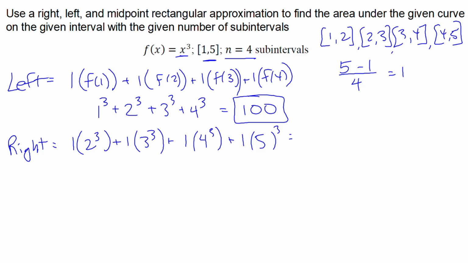And so if I just add all of those together, that's going to be 125 for the 5 cubed plus 64 plus 27 plus 8, which comes out to be 224.